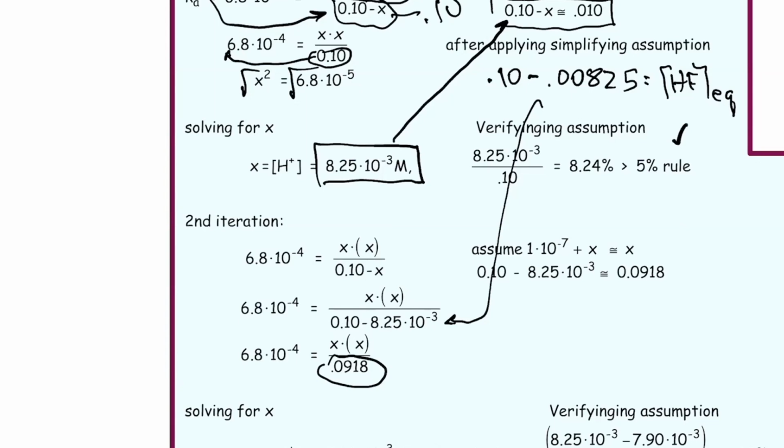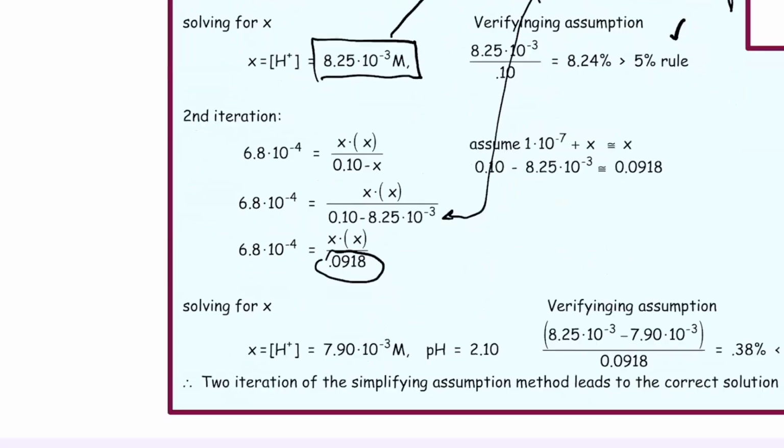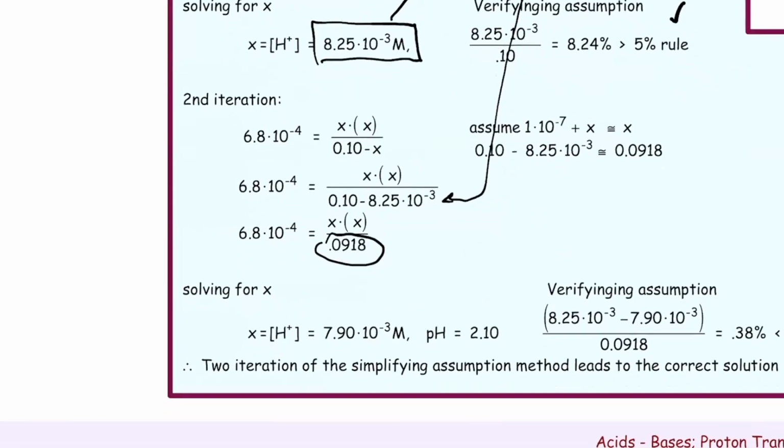You use the answer from the first to make your first assumption better. And when you do that, you can work out the math again and solve for a better number, which is that. And again, in general, two iterations is enough.